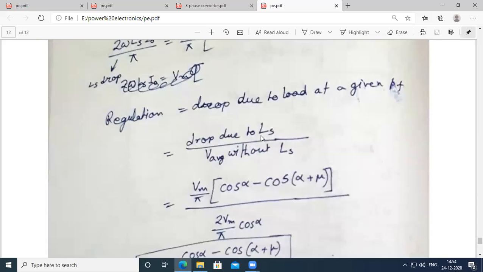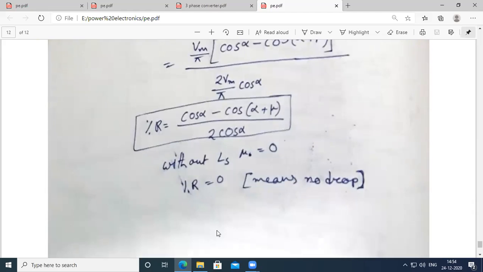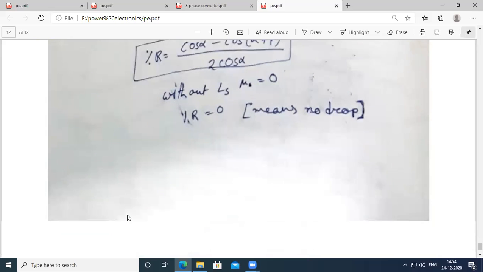Ls is the source inductance. So that is the percentage of regulation. And if it is zero, then it means no drop.